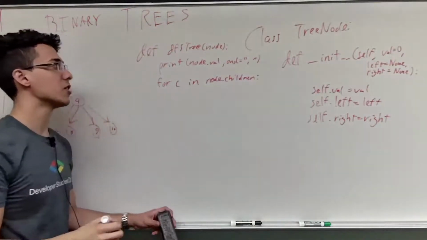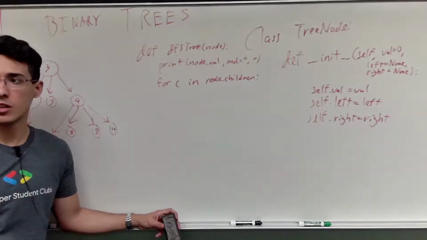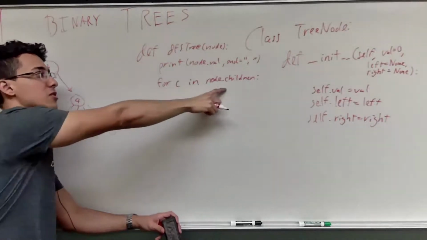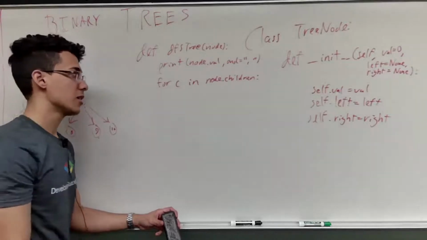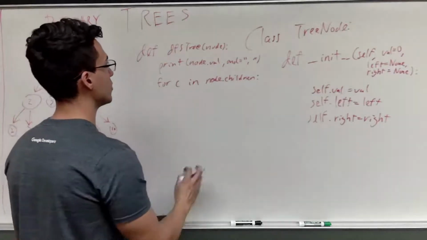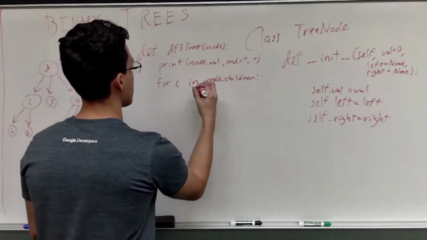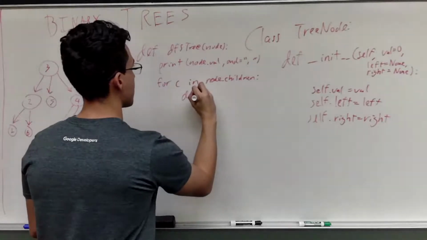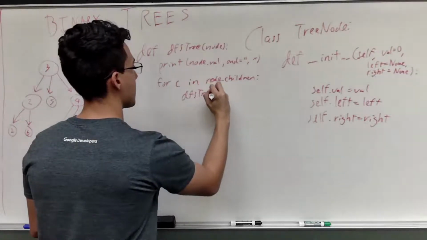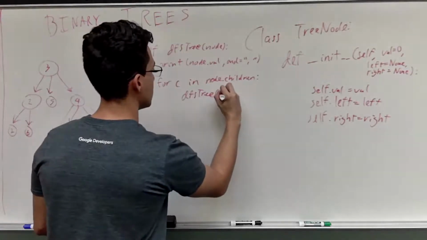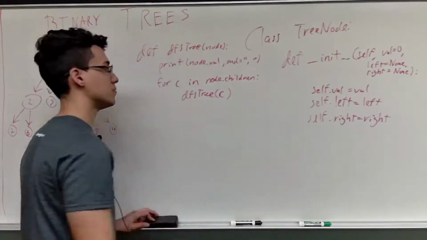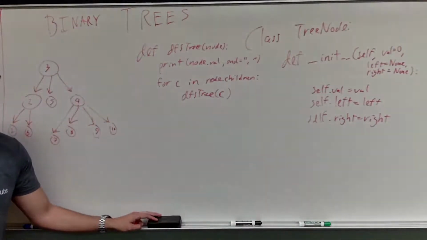This is how you do for loops. Iterate through each child in the list of children of the node. For each, you actually have to call the function again on C. Okay, and that's it.